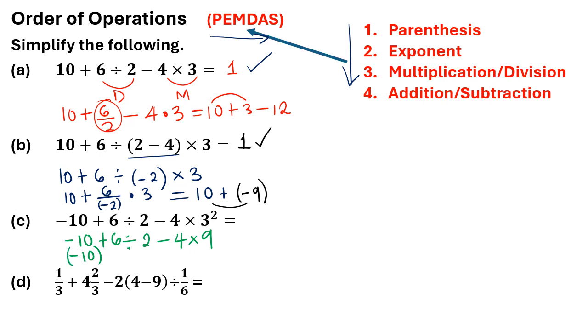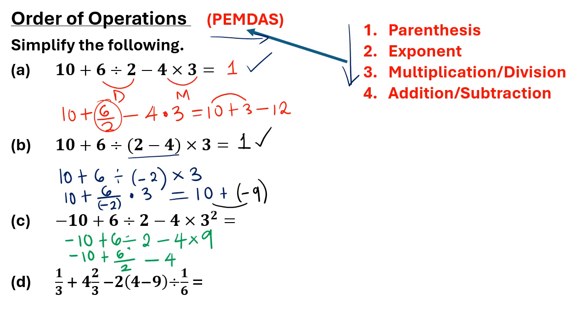I can wrap it up in parentheses if I want, or I may just leave -10 alone like that. Okay, so here I am going to do simultaneously again. So I have 6 divided by 2, so that goes in as 6 divided by 2 minus 4 times 9.